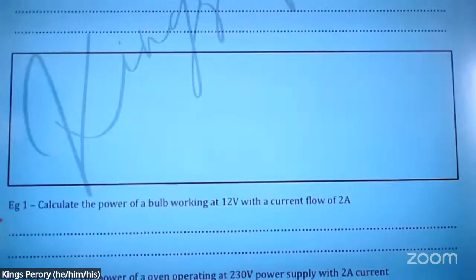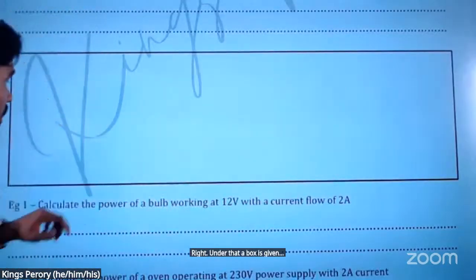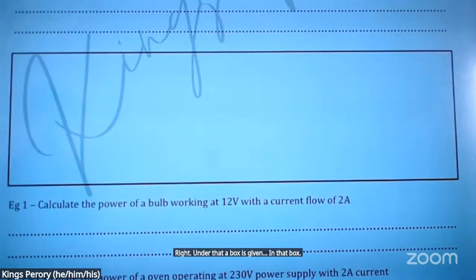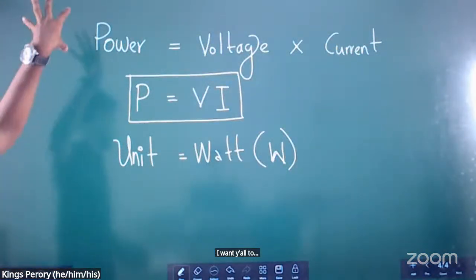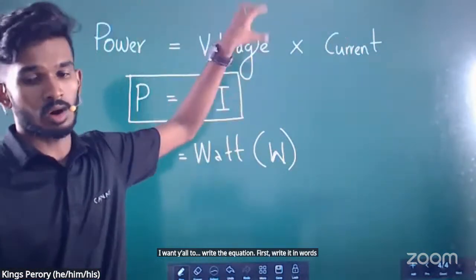Right. Under that a box is given. In that box, I want you all to write the equation. First write it in words: power is equal to voltage into current.